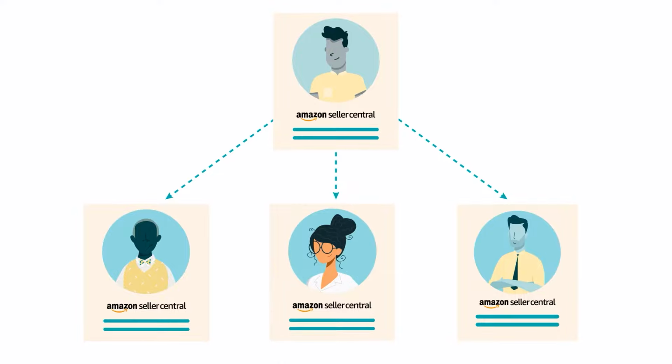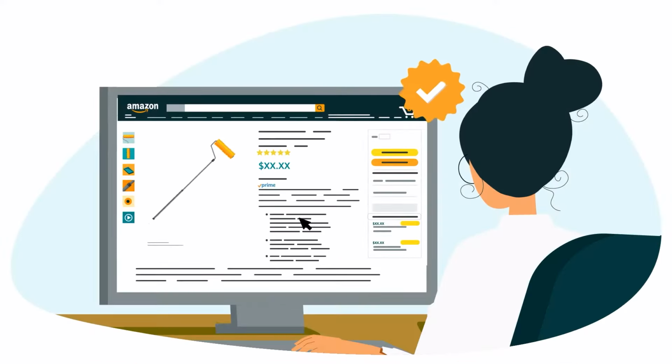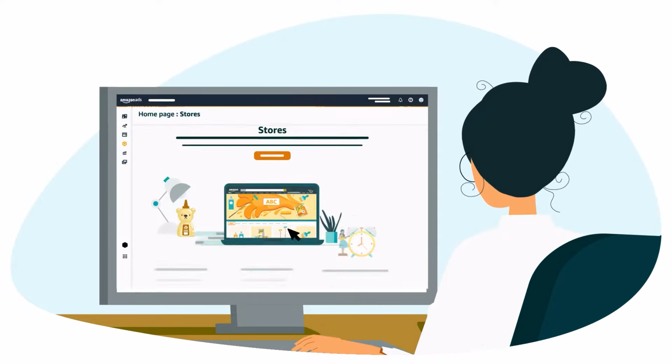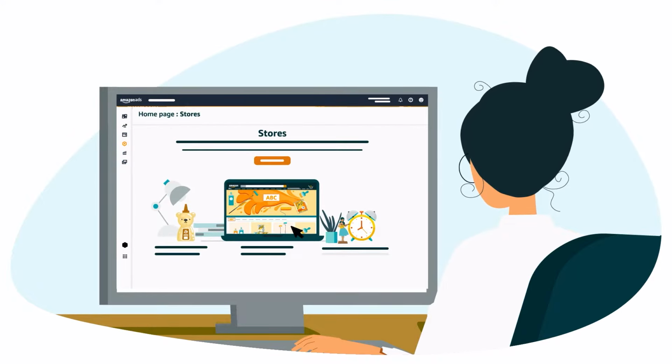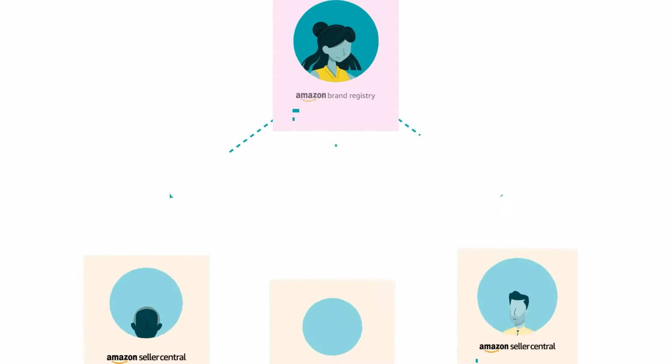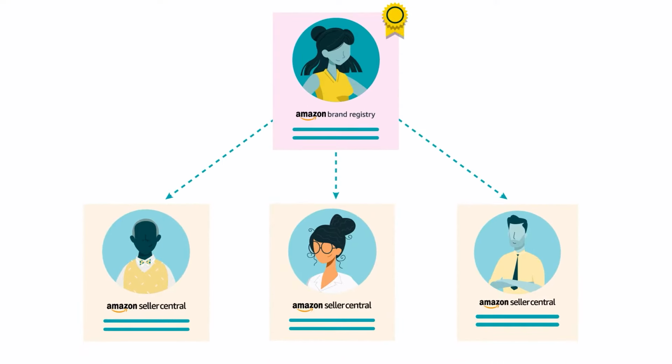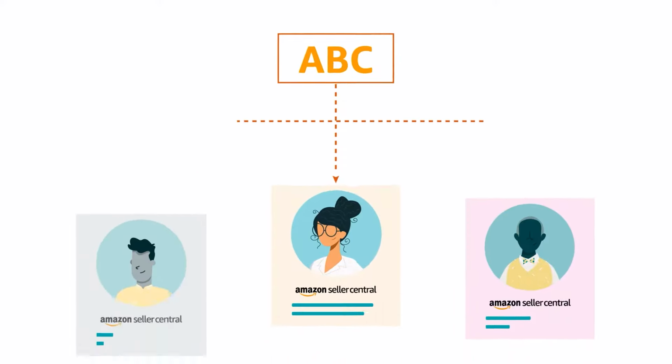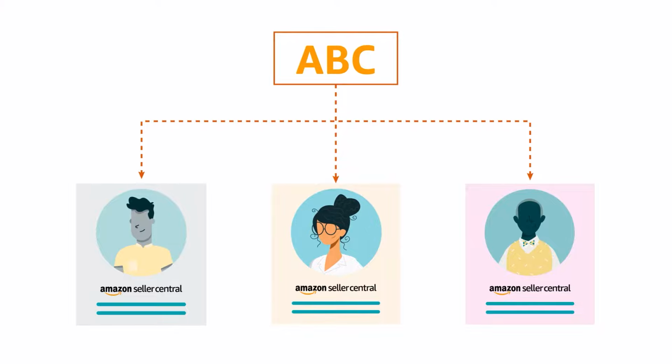A seller who enrolls a brand can extend listing privileges and the eligibility to activate selling benefits to additional Seller Central accounts using a self-service tool on Brand Registry. Other Brand Registry user accounts assigned the administrator role can do this too. This tool is only intended to associate sellers who are internal to a brand.